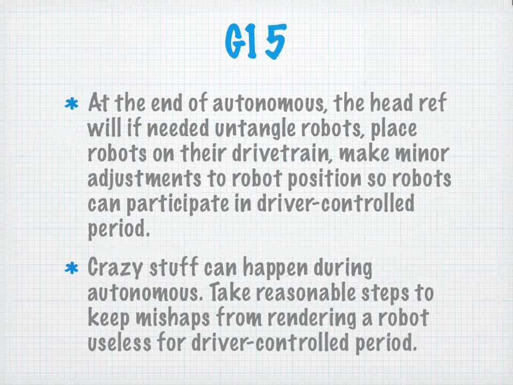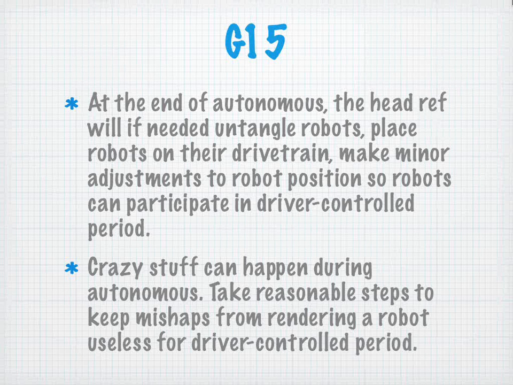G15 says at the end of autonomous, the head ref will, if needed, untangle robots, place robots on their drivetrain, and make any minor adjustments to robot position so that robots can participate in the driver-controlled period. Basically, you can have robots run amok and crazy stuff will happen. A robot might get tipped over, or two robots might get tangled or jammed into a position where neither can move.